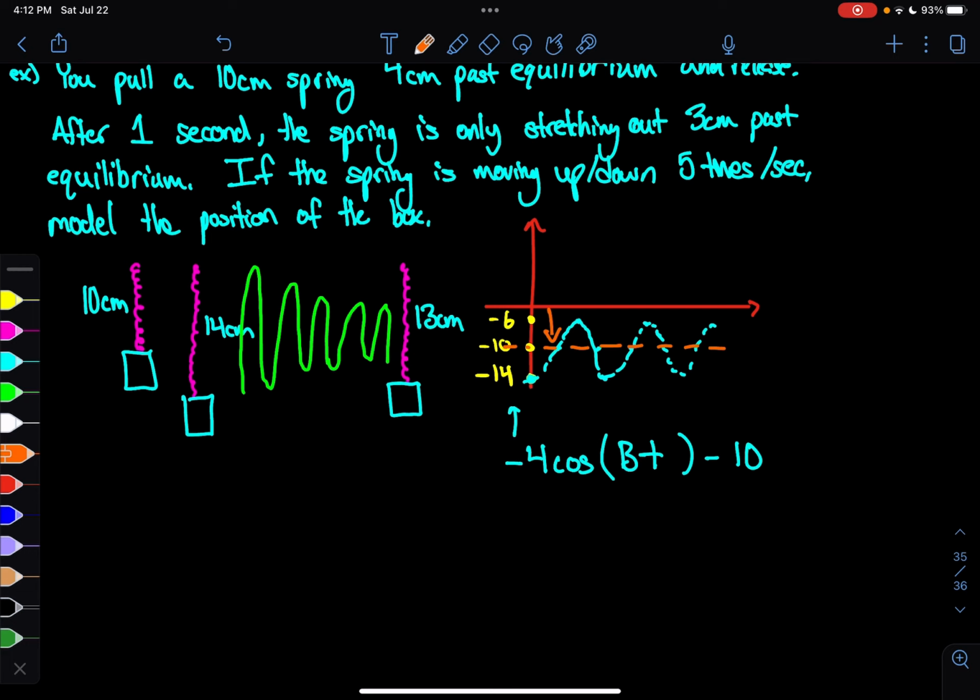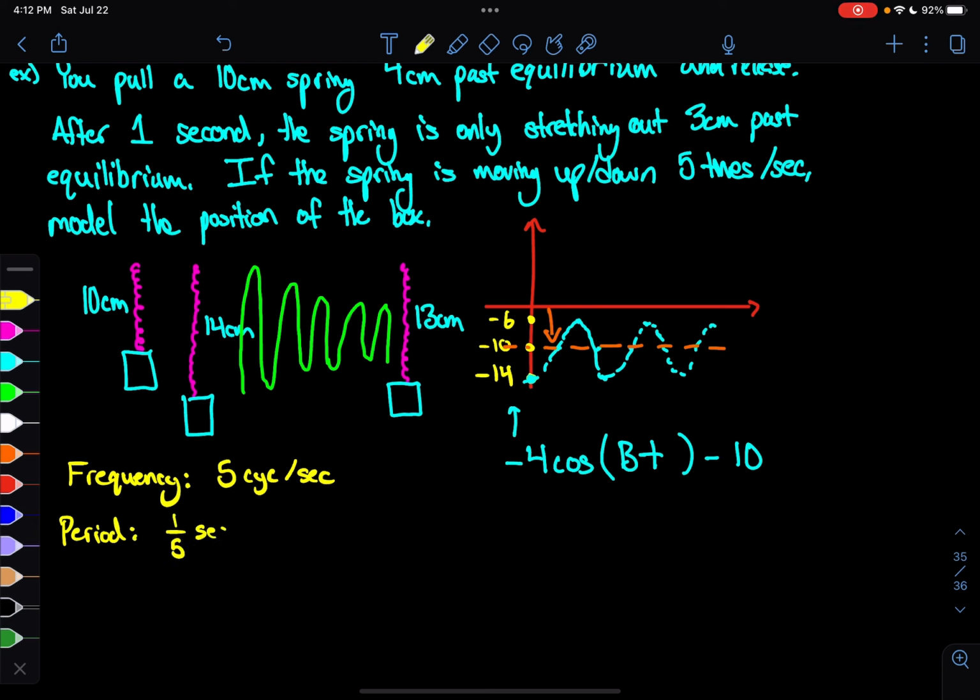So how are we going to figure out that b term? Well, we know that the frequency, the number of cycles that we fit into a second, is 5 cycles per second. And we know then that the period is the reciprocal of that. It's going to be 1/5 seconds per cycle.